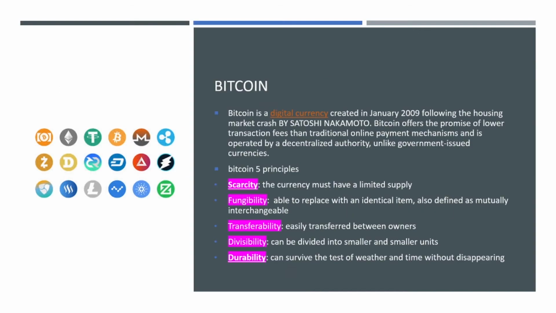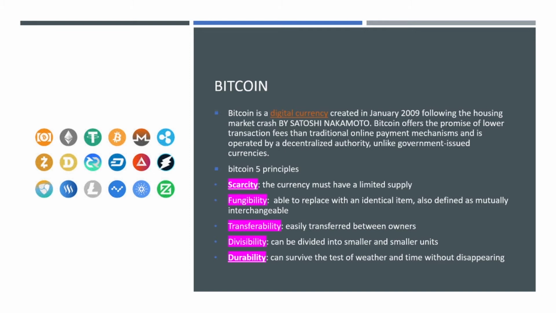Then we have Bitcoin. Now Bitcoin is a digital currency that was created in 2009 following the housing market crash by Satoshi Nakamoto. Some people say that Satoshi Nakamoto is a person, some people say it's a group of people. No one knows.